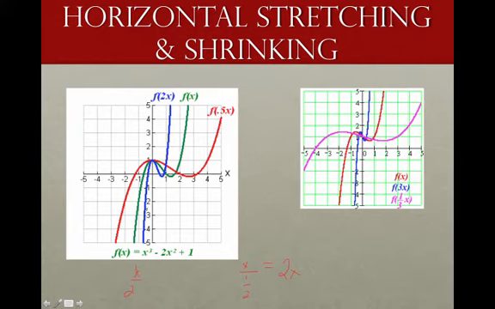Again, a vertical stretching is a horizontal shrinking and vice versa. We can see the same thing over here, where when we multiply our x by 1/3, we get a horizontal stretching. It gets wider. Whereas if I multiply my x's by 3 with the blue function, I'm getting a horizontal shrinking.